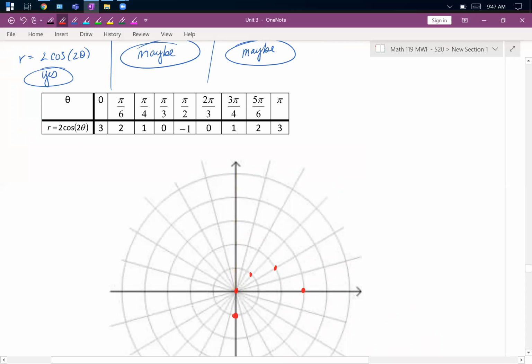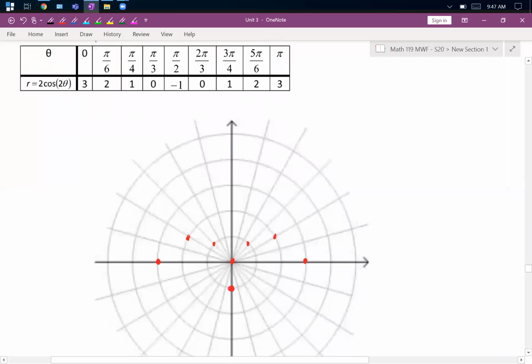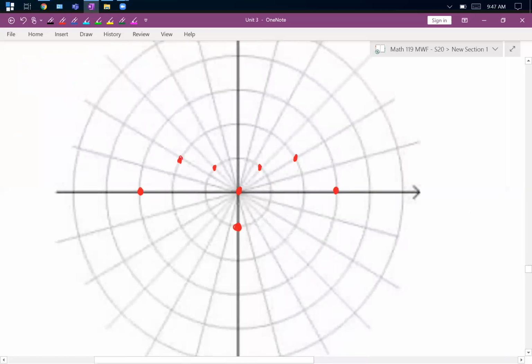Two pi over 3, we're back at 0. 3 pi over 4, out at 1. 5 pi over 6, out at 2. And pi, we're out at 3. Questions on plotting any of the ordered pairs?